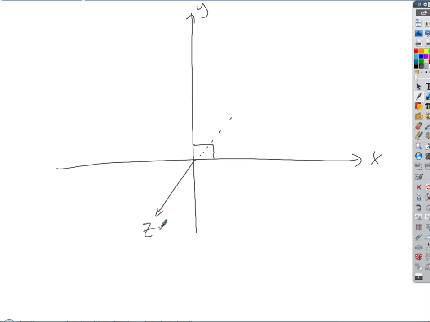Now, once again, if this is going to make sense as a coordinate system, and we'll talk a lot more about this in your math classes, in calculus, in really all your math classes, what has to be true about all 3 of these? They have to be mutually perpendicular.